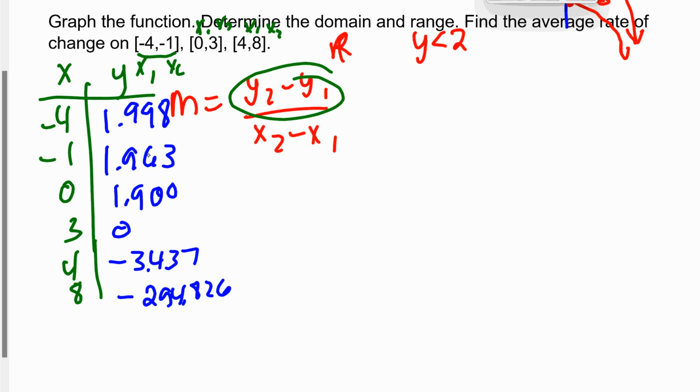When I take the difference of these two, I get 0.035, and then the difference of these two, that'd be -4 minus -1, which is -3. Then divide those.